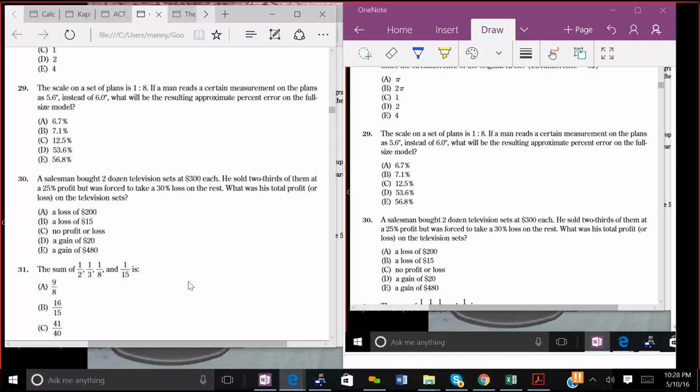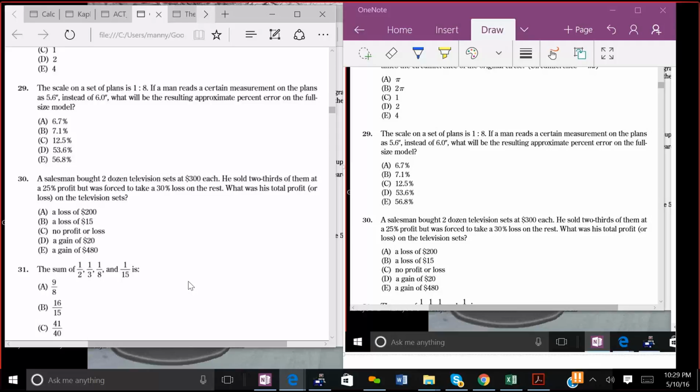He sold 2/3 of them at a 25% profit. So 2/3 of 24. So he sold 16 of them at a 25% profit.